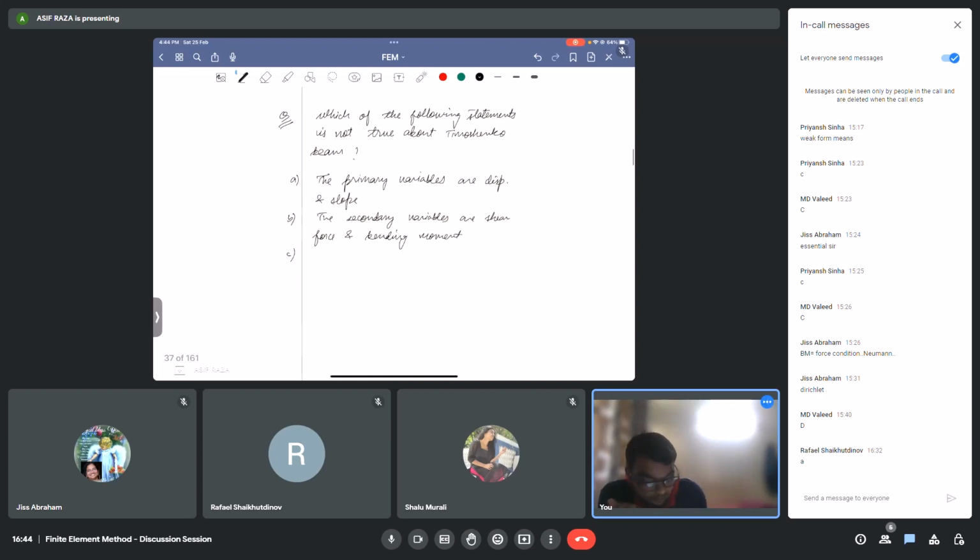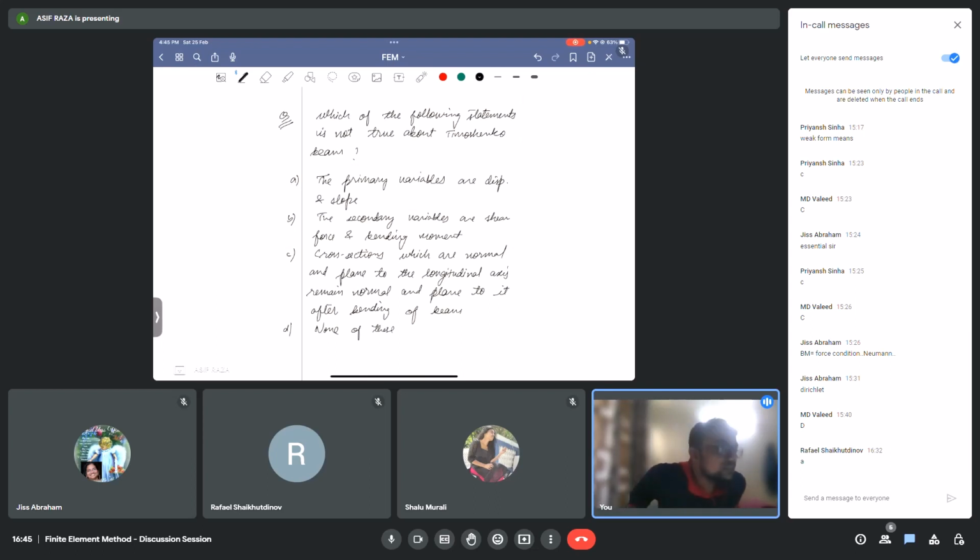Third statement is cross sections which are normal and plane to the longitudinal axis remain normal and plane to it after bending of the beam. And fourth option is none of this.